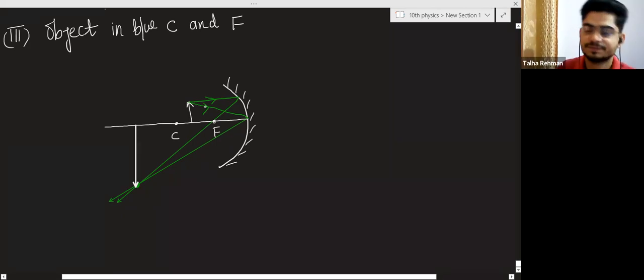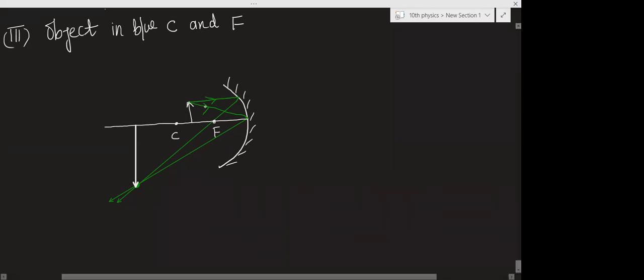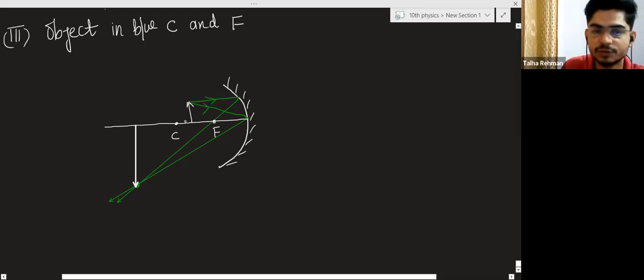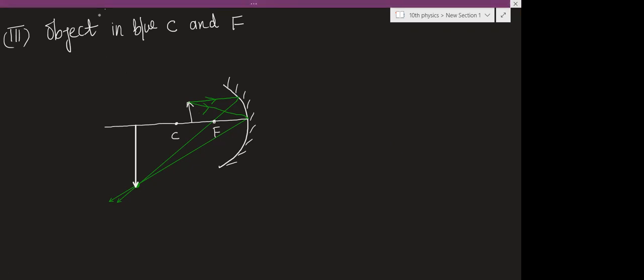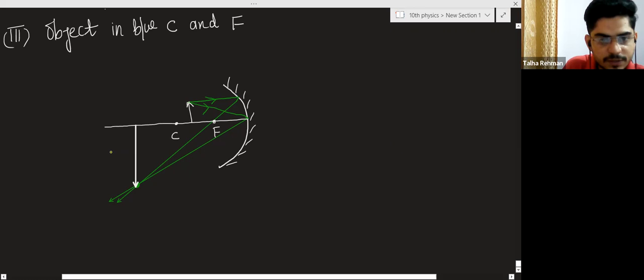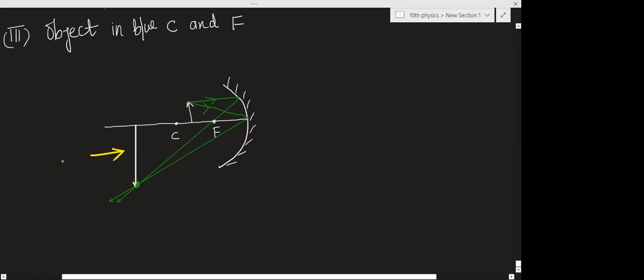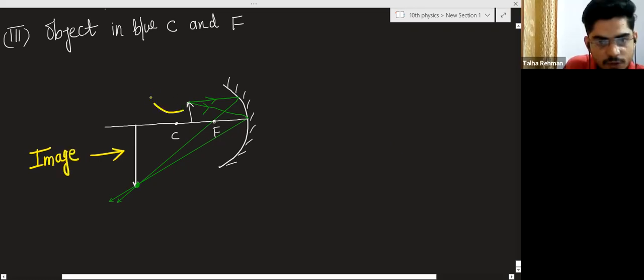I have not drawn it straight in the diagram, but straight means perpendicular to the principal axis. The object is perpendicular to the principal axis. So from here, this is the image, and this is the object.